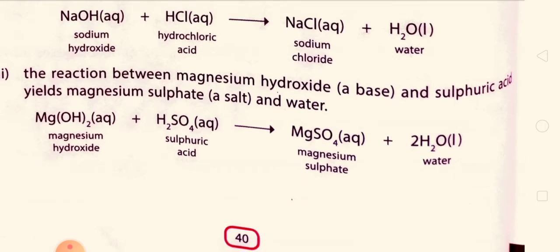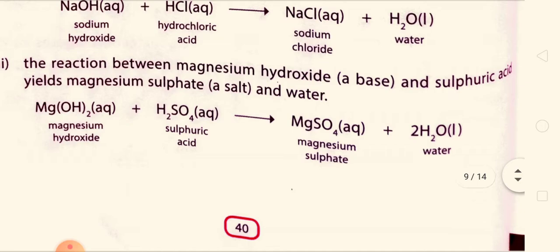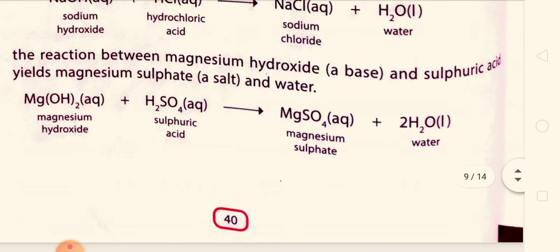Next reaction, just see the reaction. The reaction between magnesium hydroxide, that is a base, and sulfuric acid. Do you know sulfuric acid? Strongest acid. Sulfuric acid is a strongest acid. What will happen? Magnesium sulfate is formed plus water is formed. Magnesium sulfate, do you know magnesium sulfate?